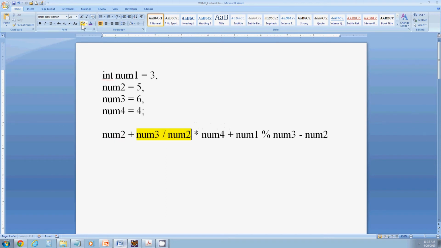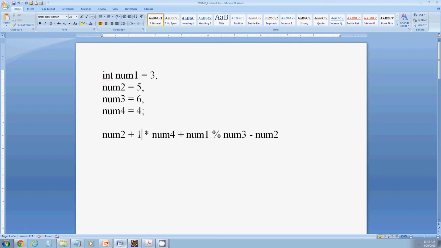So we want to evaluate this expression and then replace it with the result. So num3 divided by num2, well, num3 is an integer, and num2 is an integer, so this is going to perform integer division. So this is going to be 6 divided by 5, integer division, so the result of this is going to be 1.